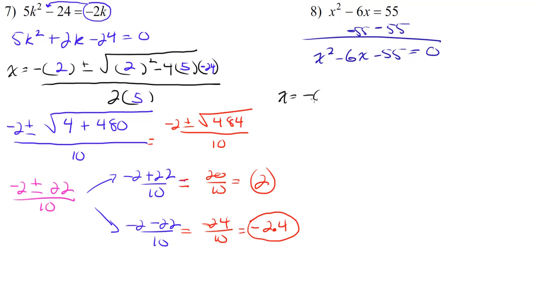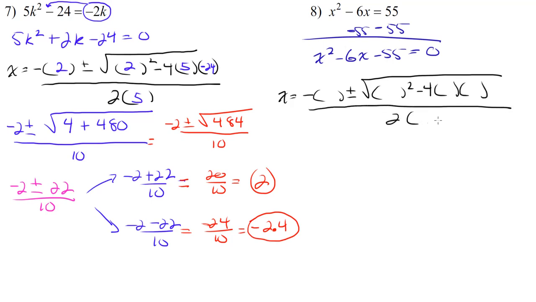X equals negative b plus or minus radical b squared minus 4 times a times c over 2a. Plug in our values. Our b value is negative 6. Our a value is 1. And our c value is negative 55.